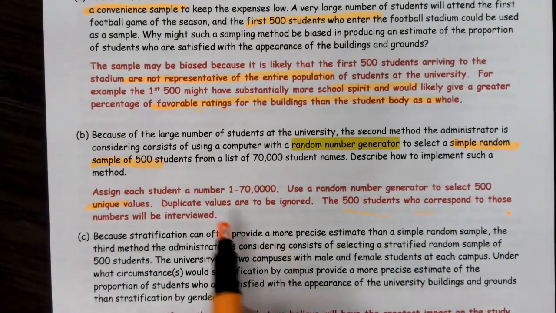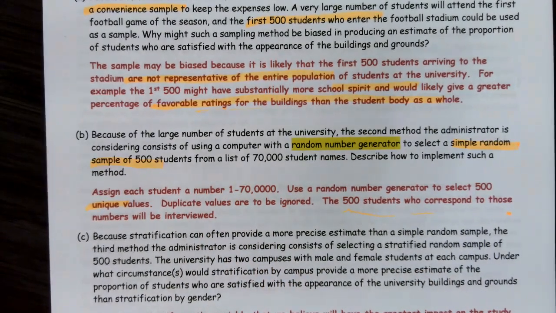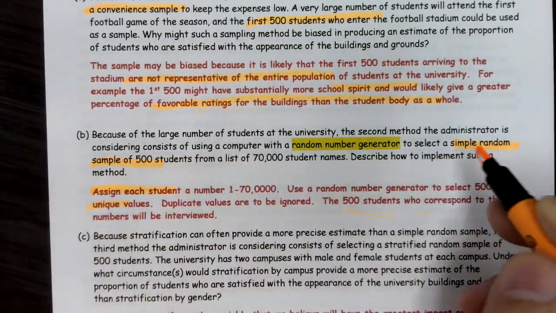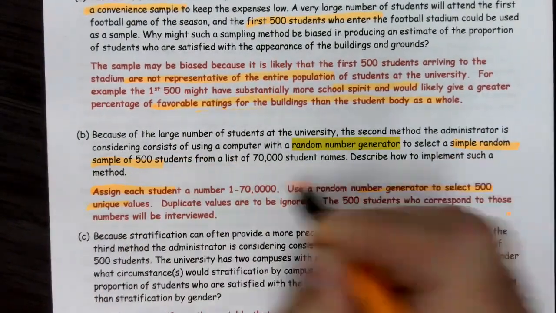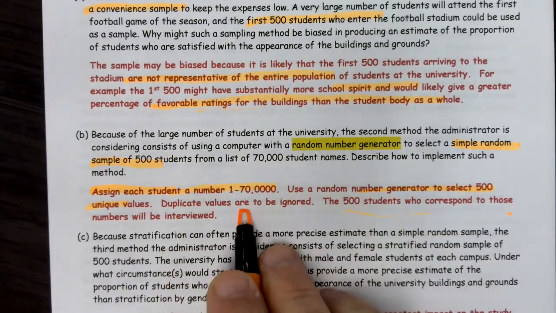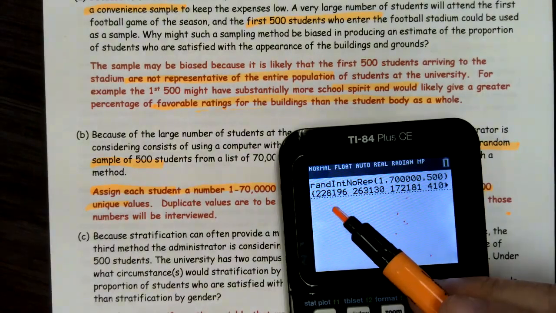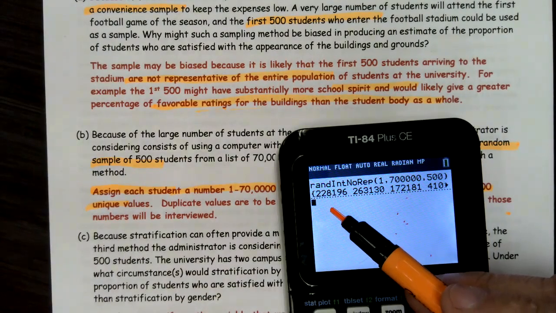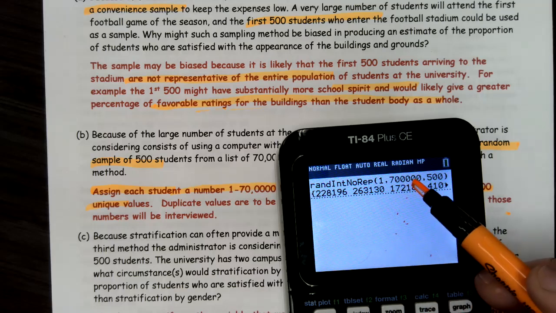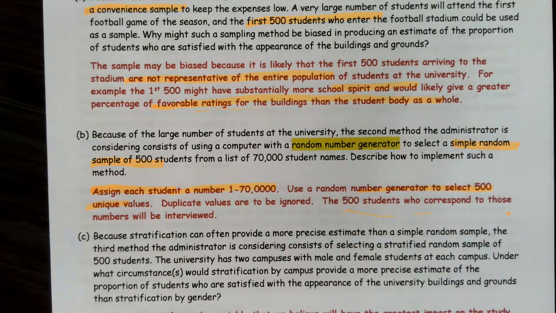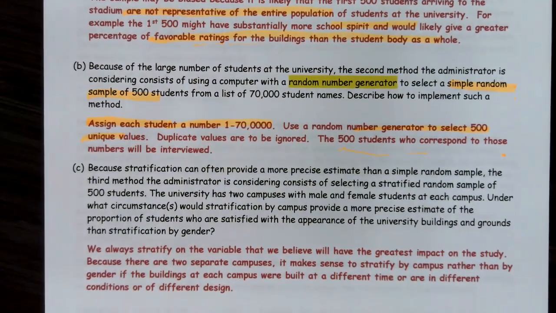The main thing is you have to assign each student a number and then use the random number generator. So assign is important, and then random number generator. And then you have to make sure you ignore the duplicates. It'd be a slow process.